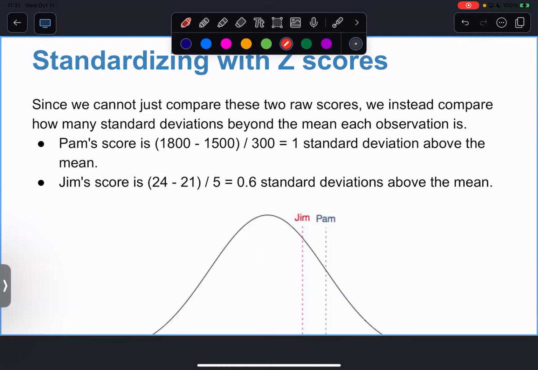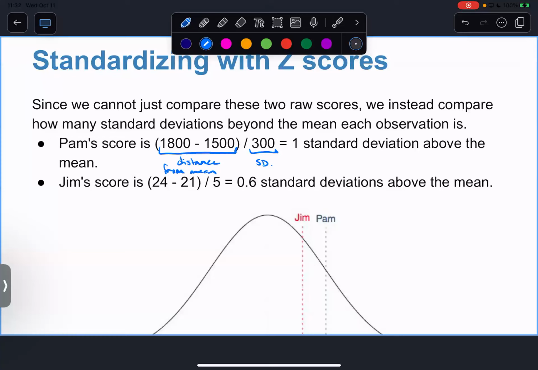So we found Pam's score. We found the distance, here's the distance from the mean, and then we divided by the standard deviation to find how many standard deviations away from the mean this observation is. We found that it's 1 standard deviation above the mean.